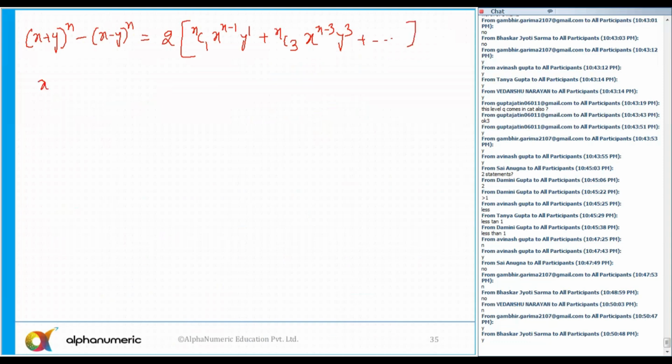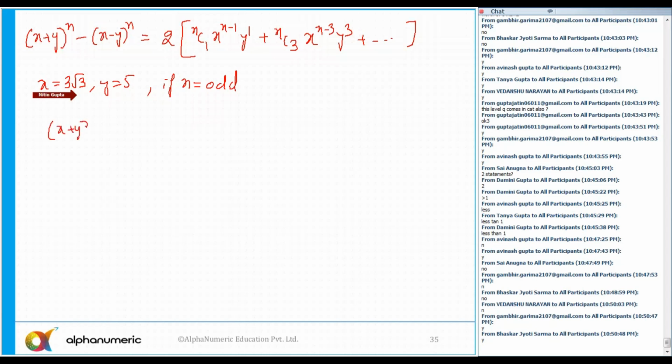And here the value of x is 3 root 3 and y is 5. If n is odd, then n minus 1 is even, n minus 3 is even. So the power of x is always going to be an even number because n is odd. So 3 root 3 raised to an even power will also be an integer.